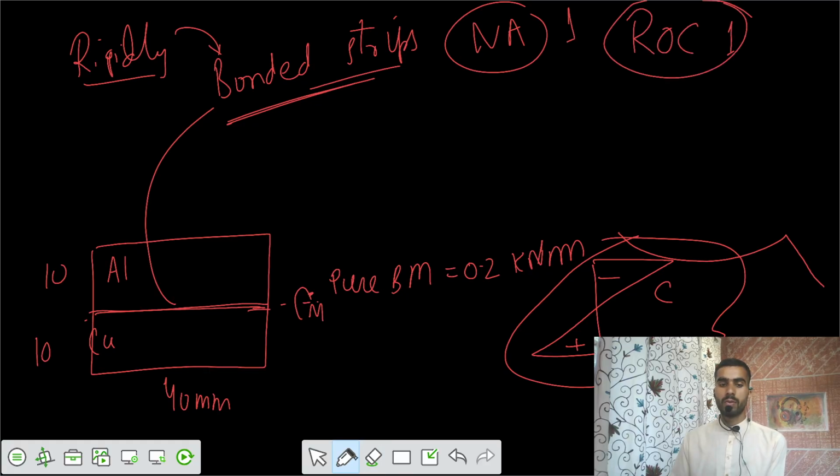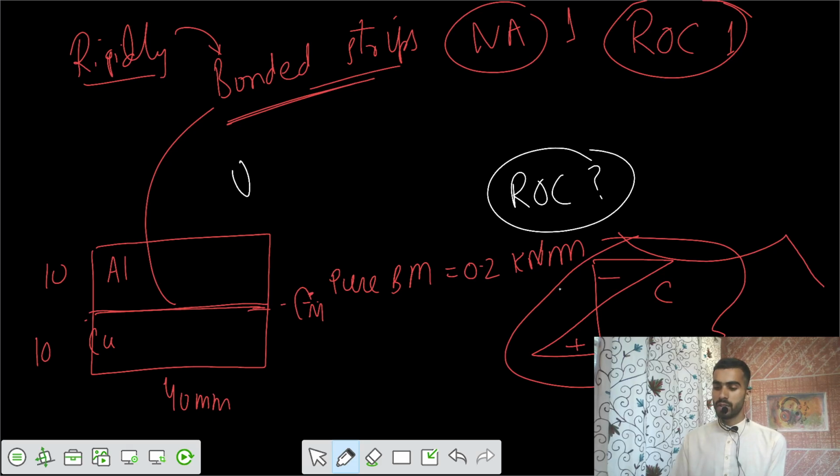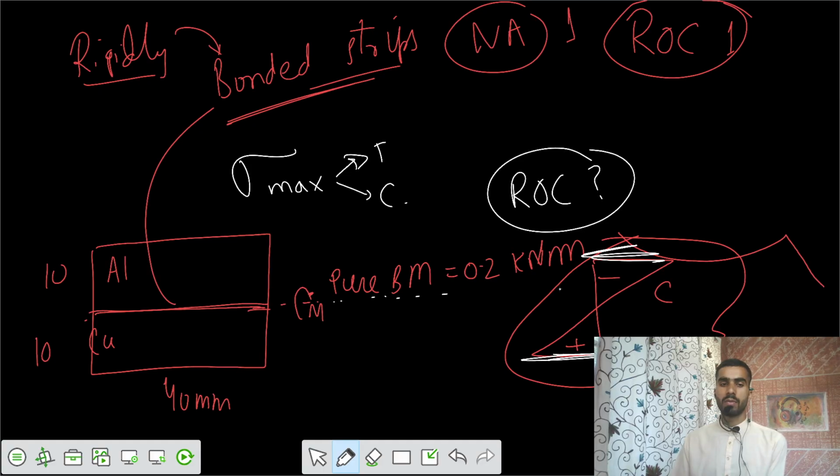So you need to solve for that radius of curvature. What is the value of the radius of curvature? And you need to calculate the maximum tensile stresses and maximum compressive stresses. So for the profile, let's assume the neutral axis is somewhere here.